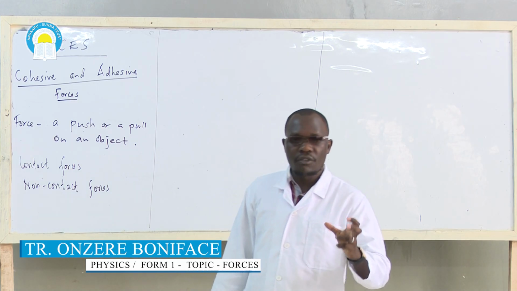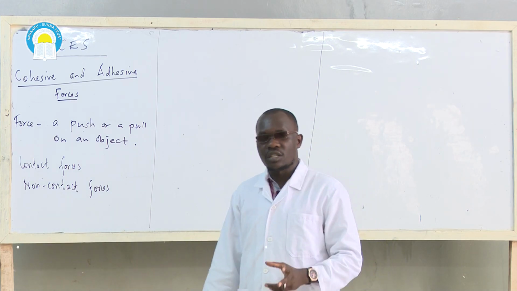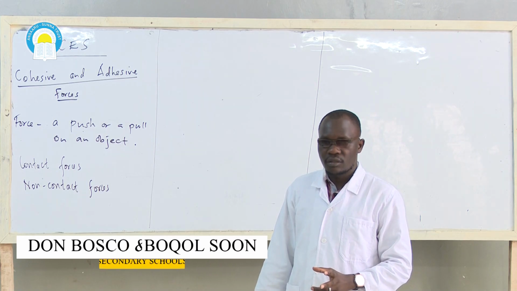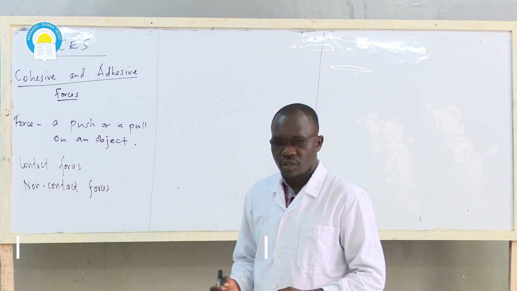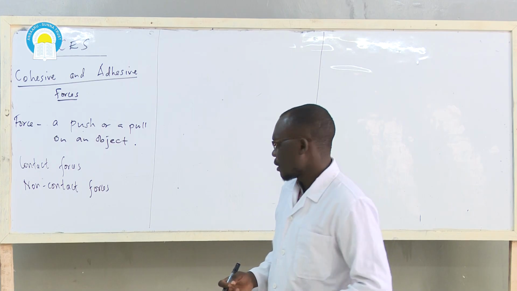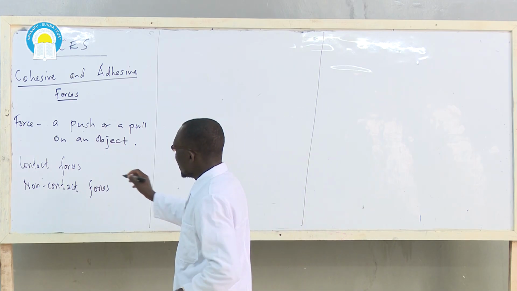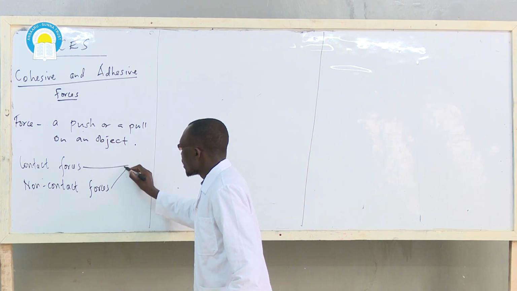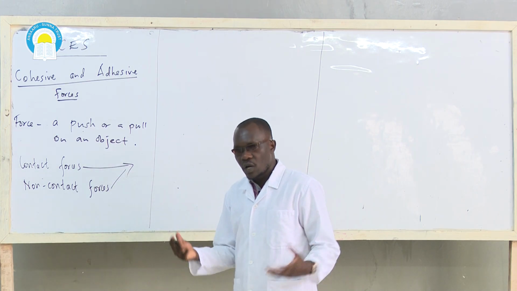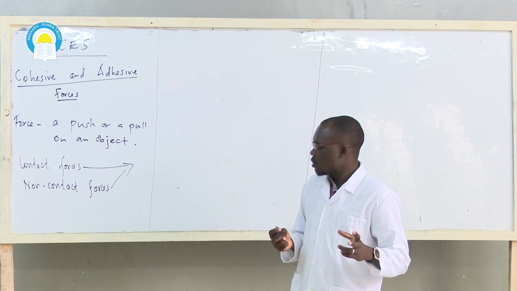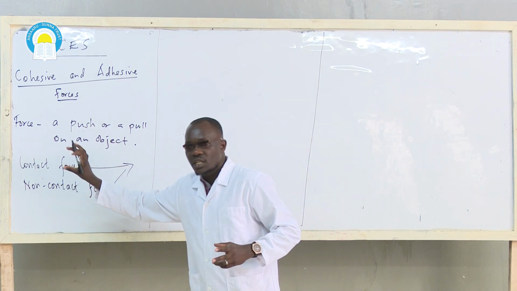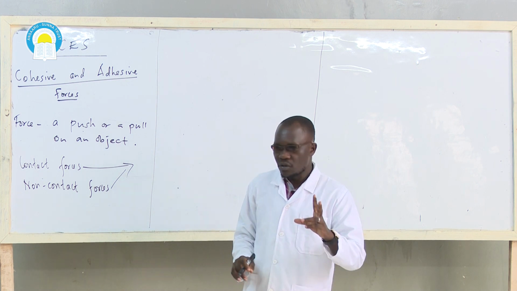A good example of a non-contact force is surface tension. A good example of a non-contact force is tension force. As a student, you must know the two categories of forces: contact forces and non-contact forces. Forces which act when bodies are in contact, and forces which act when bodies are not in contact.